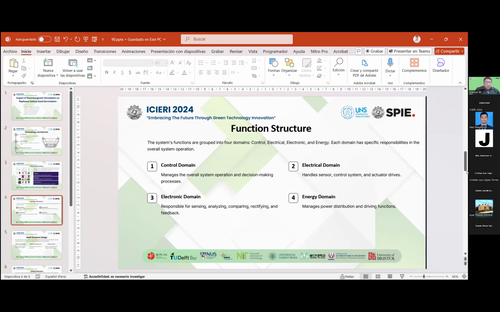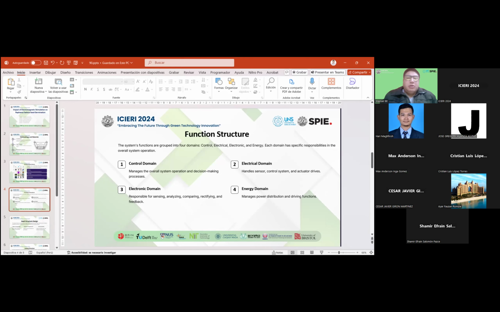Function structure. The system functions are grouped into four domains: control, electrical, electronic, and energy. Each domain has specific responsibilities in the overall system operation. One, the control domain manages the overall system operation and decision-making processes.